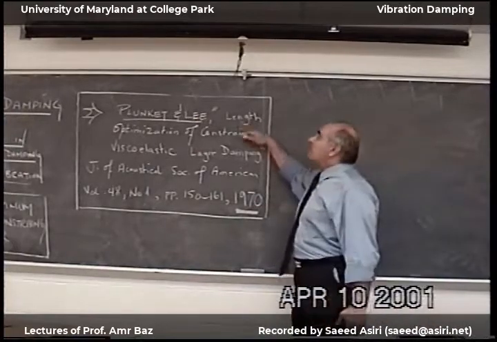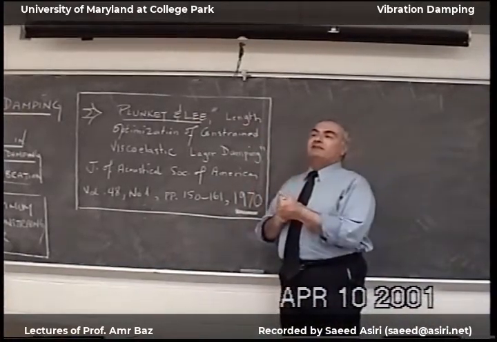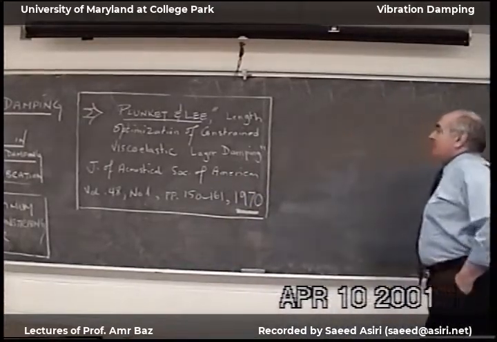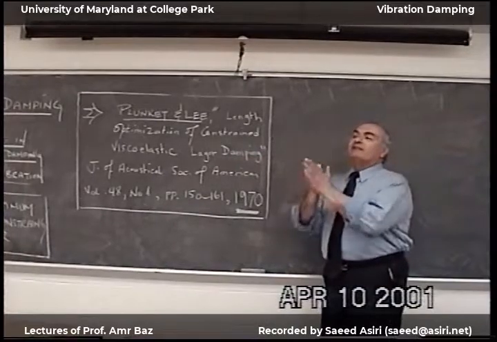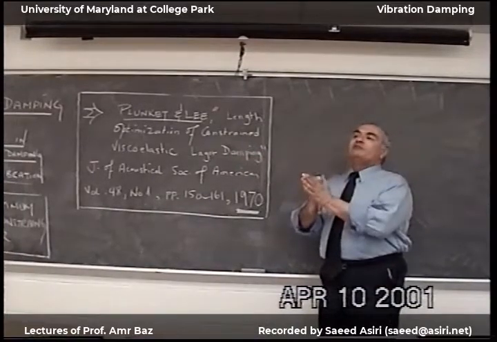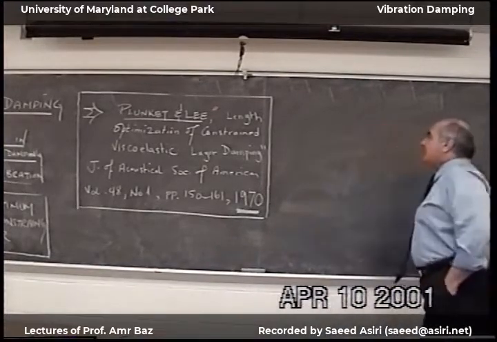And the numbers that you get from here are guidelines for anyone that designs constrained layer damping. And the power of it is the numbers that we get are universal. So you have a single number to design constrained layer damping. So it's a very powerful method.